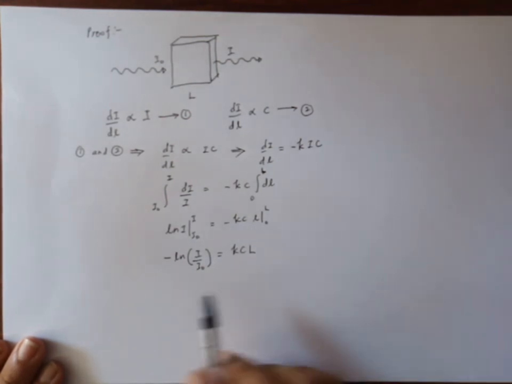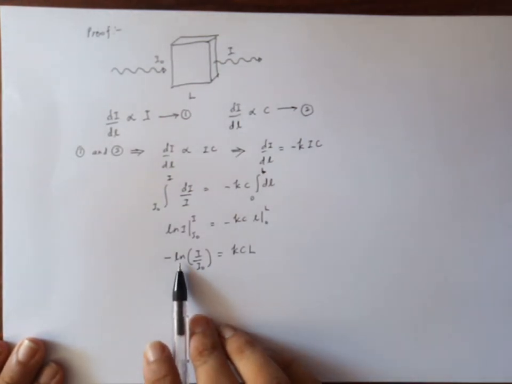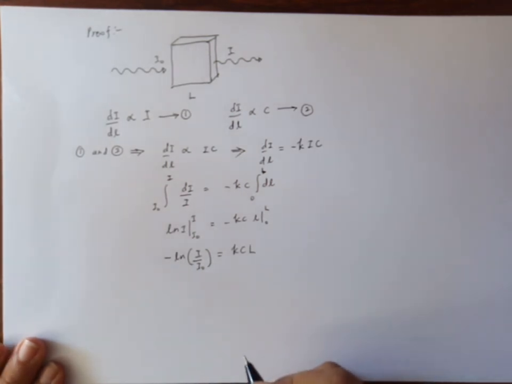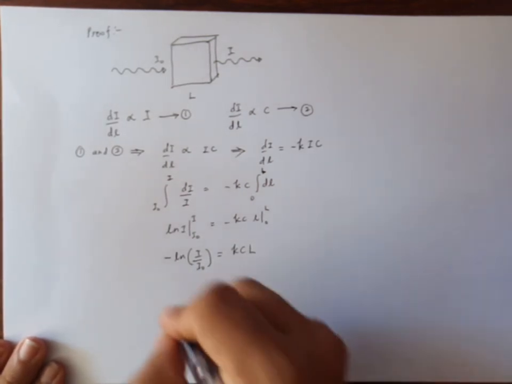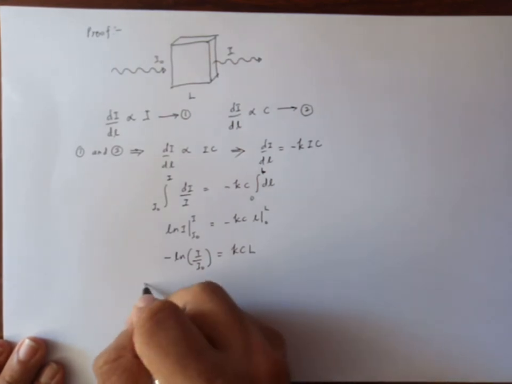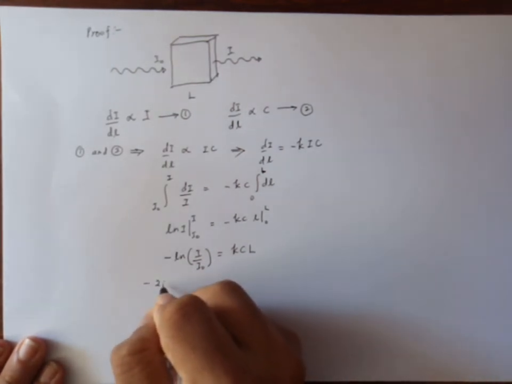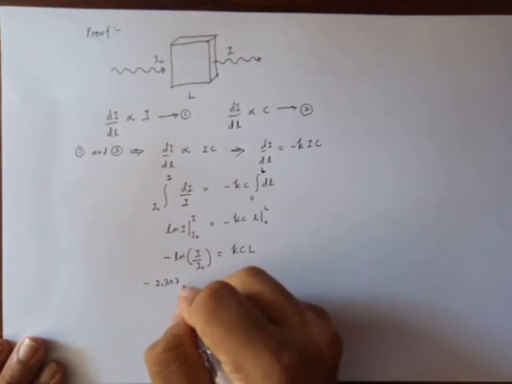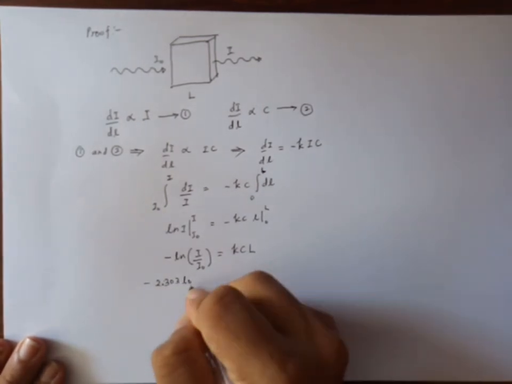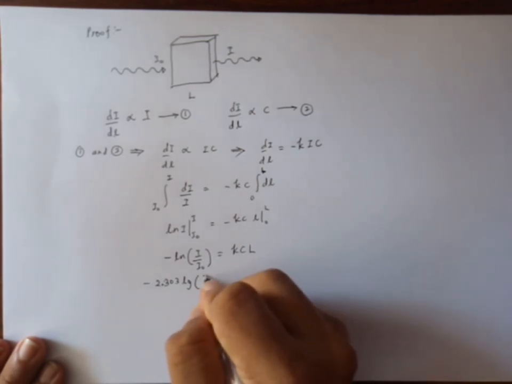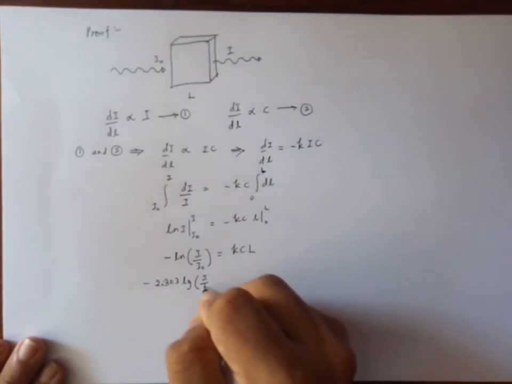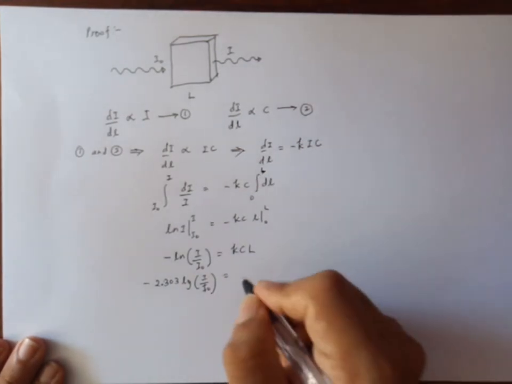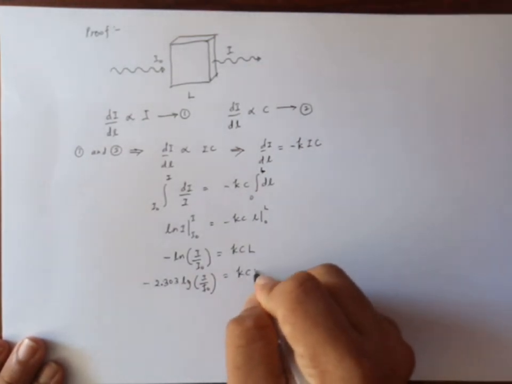And I can change this log e base to log 10 base, so I will get minus 2.303 log or lg I over I naught is equal to kcl.